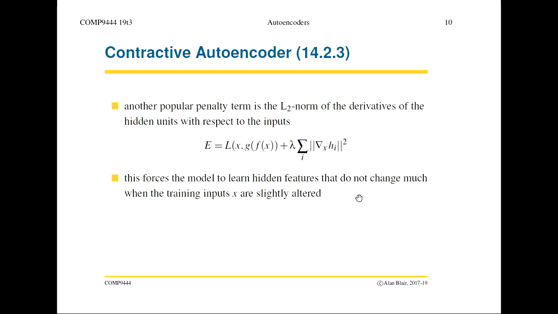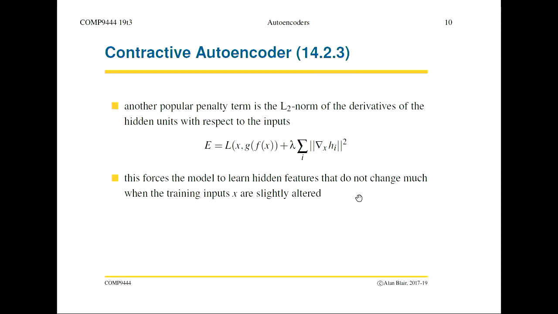And then there's the contractive autoencoder. What this does is the penalty term applies to the L2 norm of the derivatives of the hidden units with respect to the inputs. In PyTorch, the autograd calculates gradients of the hidden units based on the inputs, and we can actually apply a penalty term to those gradients, right?